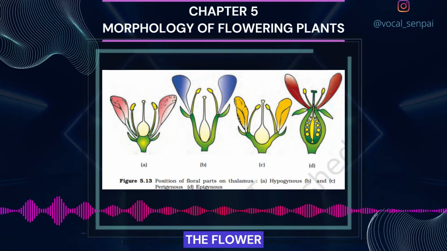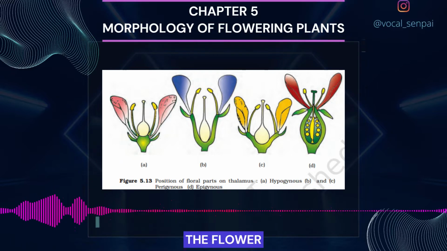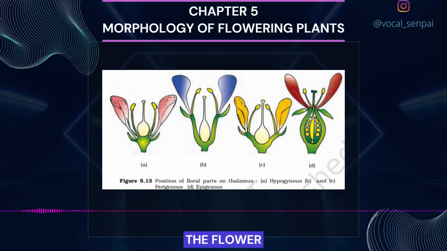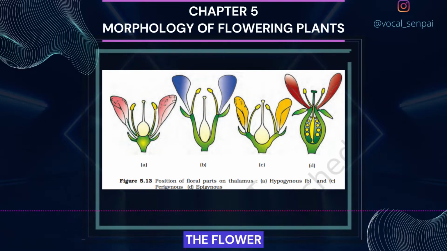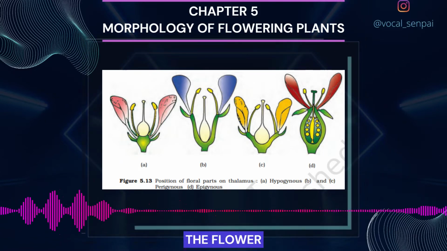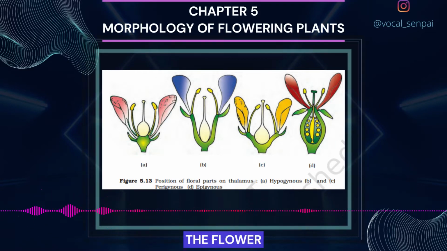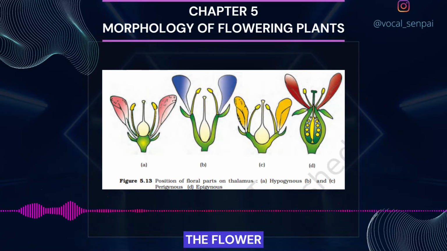When it can be divided into two similar halves only in one particular vertical plane, it is zygomorphic, example, pea, gulmohar, bean, cassia. A flower is asymmetric, irregular, if it cannot be divided into two similar halves by any vertical plane passing through the center, as in canna.